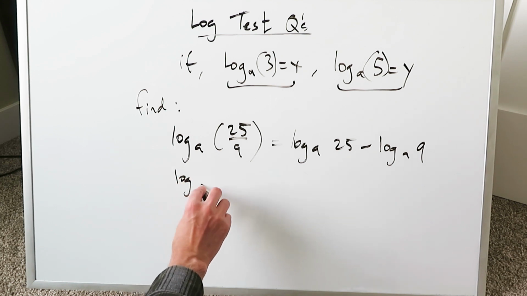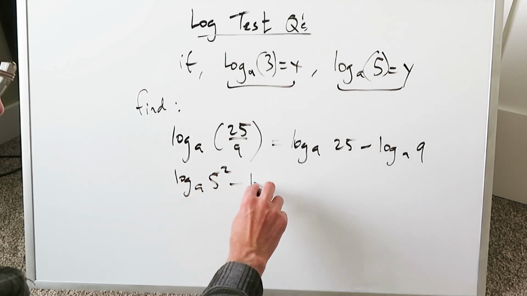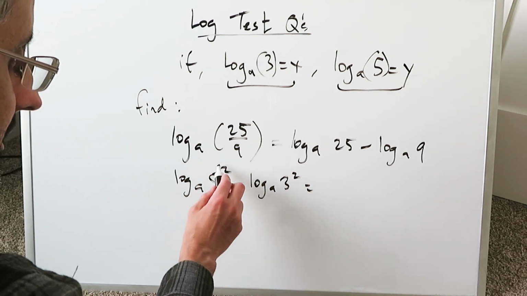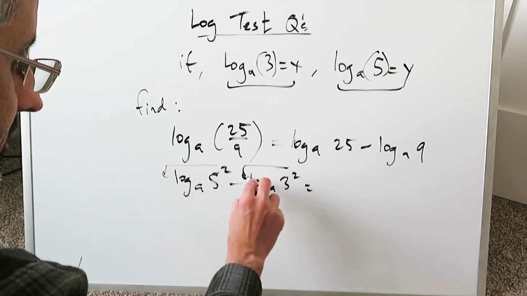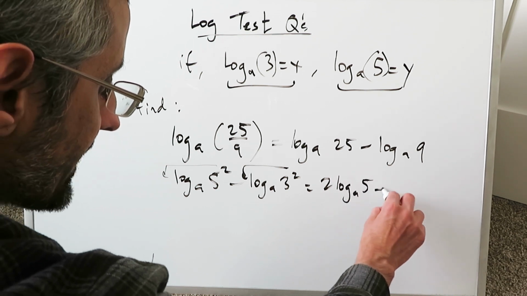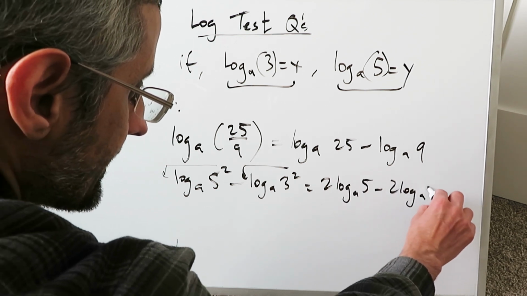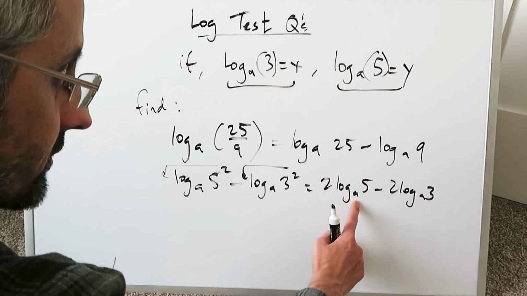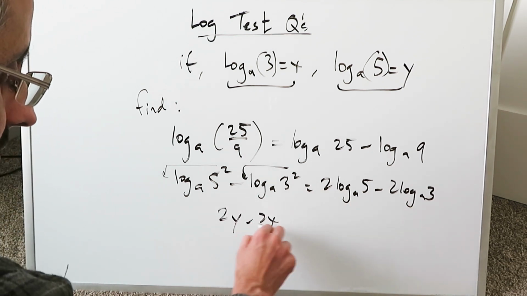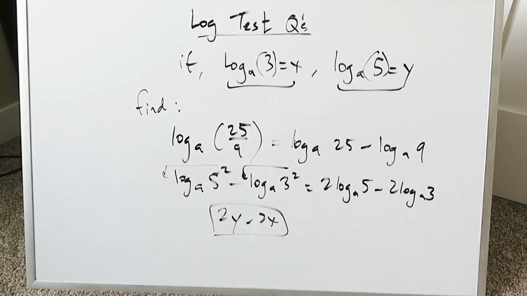You're looking at log base a of 5 squared minus log base a of 3 squared, which by means of properties of logs, these exponents coming out as coefficients, are equal to 2 log base a of 5 minus 2 log base a of 3. This is equal to y, this is equal to x, but then you'll have 2y minus 2x, and this would be the answer you would provide.